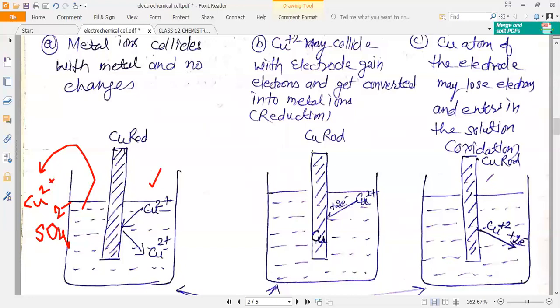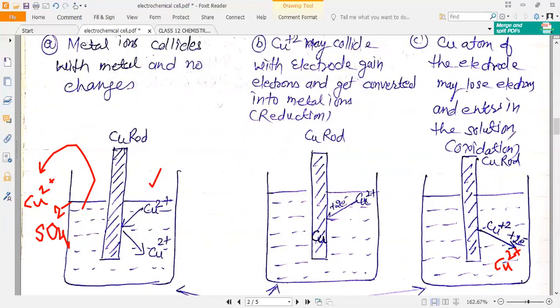Listen, student. Copper atoms of the copper rod donate two electrons, oxidize themselves, and come into the solution, meaning the copper atoms come into the solution in the form of Cu2+ ions.